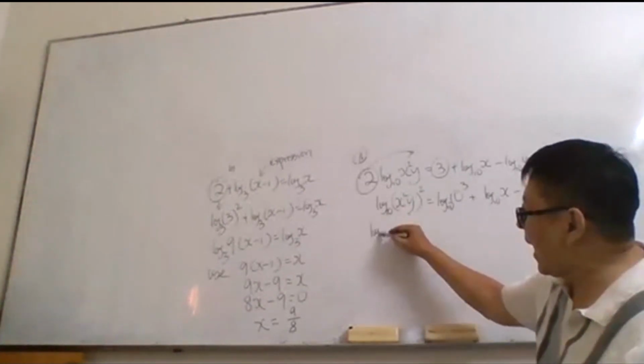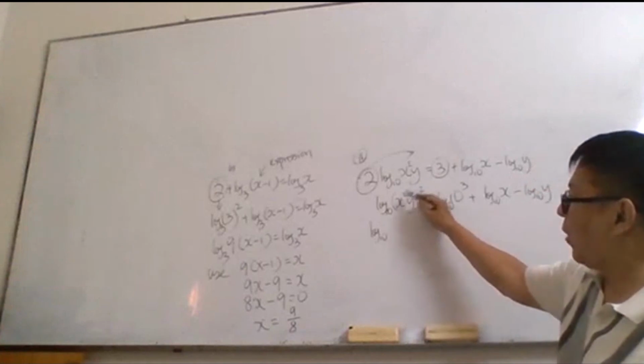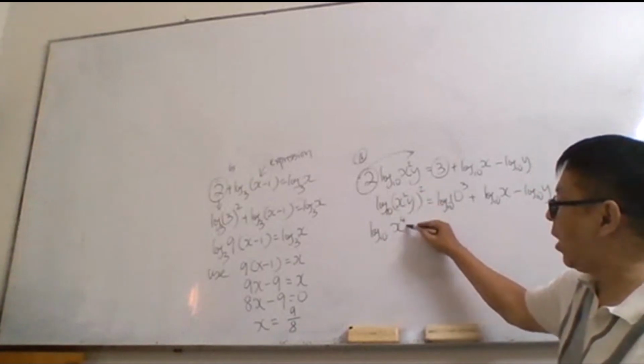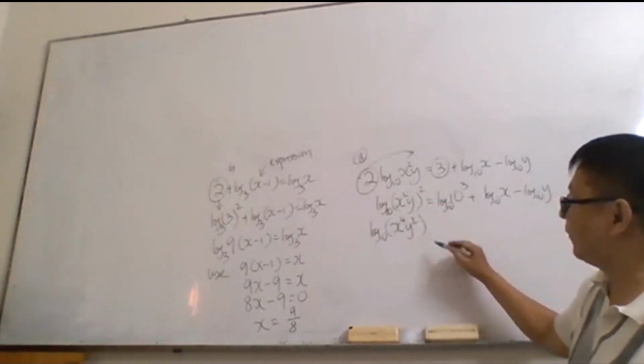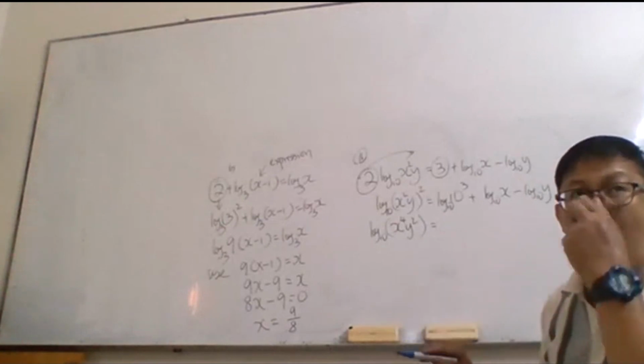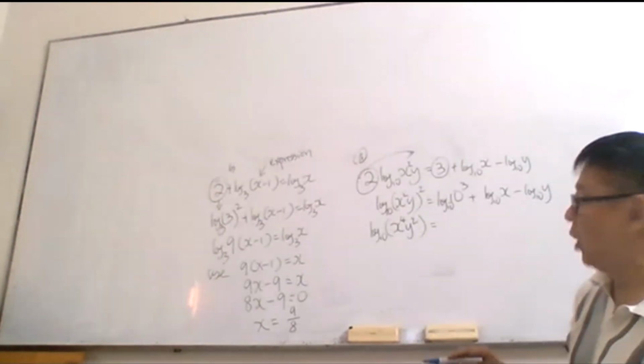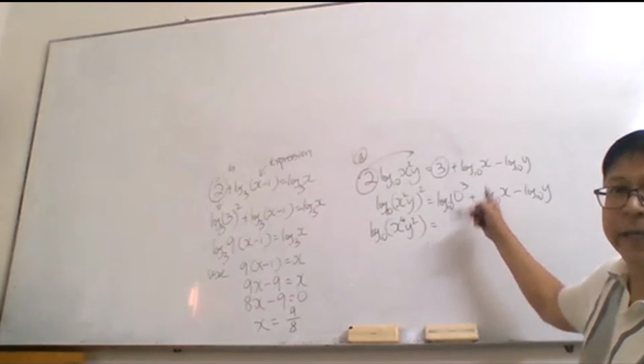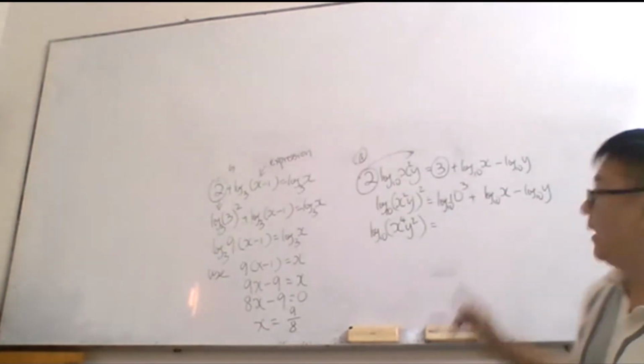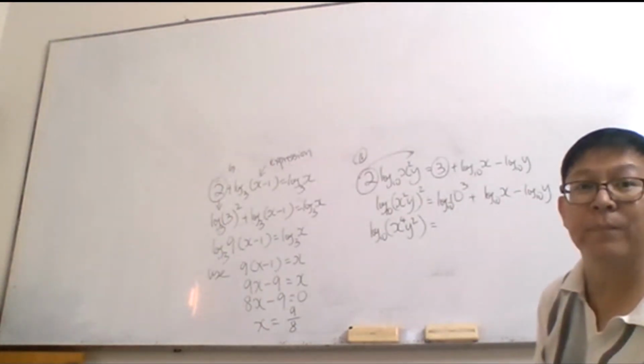Now this square becomes x to the power of 4 y squared, right? And according to the law of logarithm, plus becomes multiply and minus becomes divide.